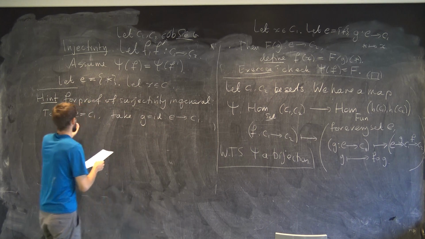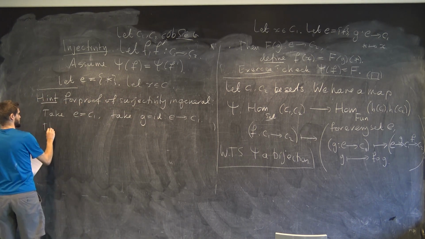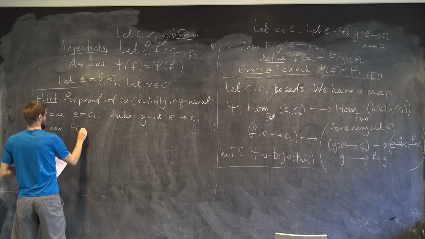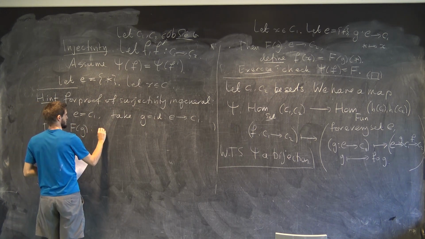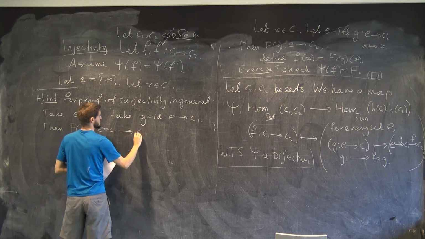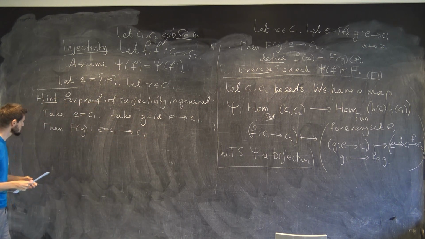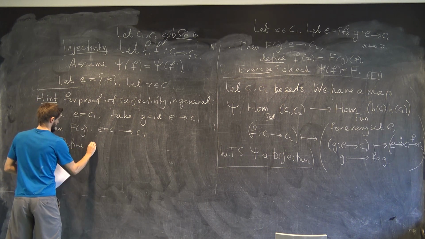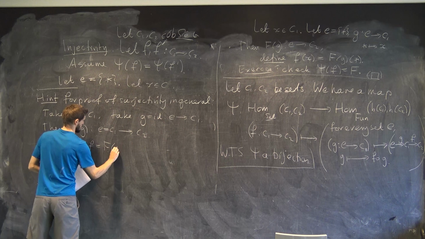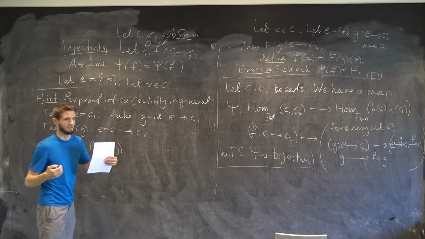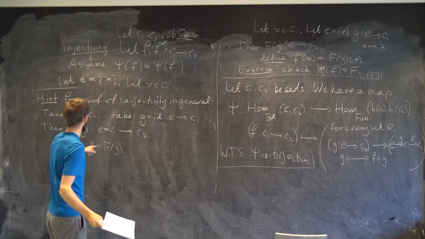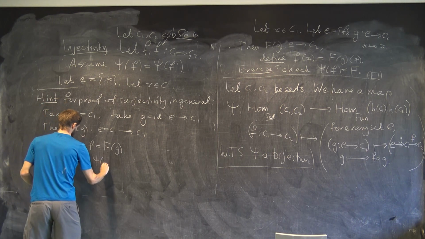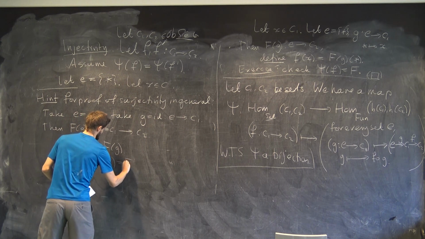So then big F of g is a map from E, which is equal to C1, to C2, just by definition. Okay, and so define little f equals big F of little g. Again, of course, there are some things to check, so we still need to check that psi of little f is equal to capital F.